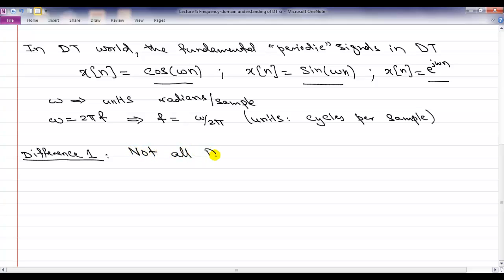Not all discrete time frequencies are distinct.